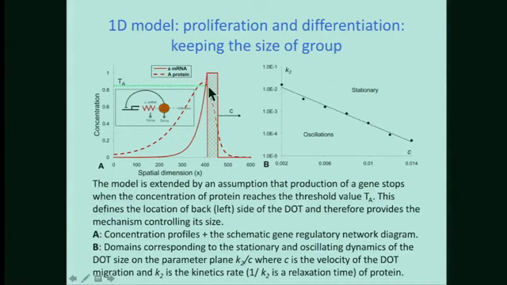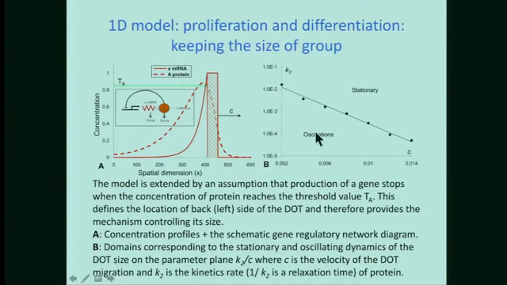If the concentration of morphogen is above this threshold, then these cells stop. In these cells, the level of production of protein starts to decay, so they differentiate. And this way, the size of this segment can stay constant.